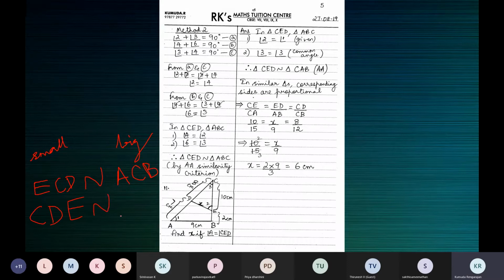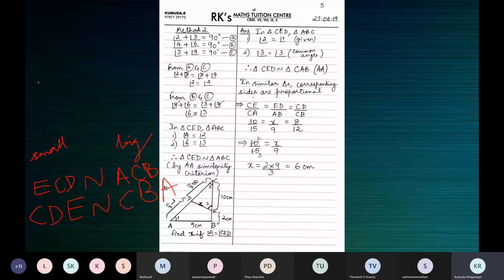CDE similar to CBA. A, correct? Very good. If you write it as CDE, then it is similar to CBA.